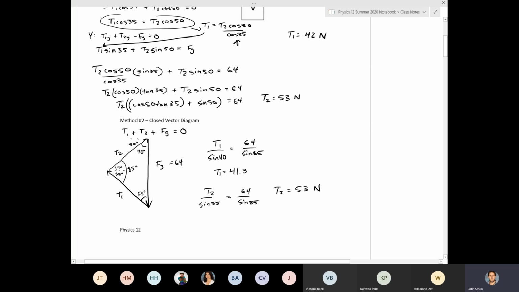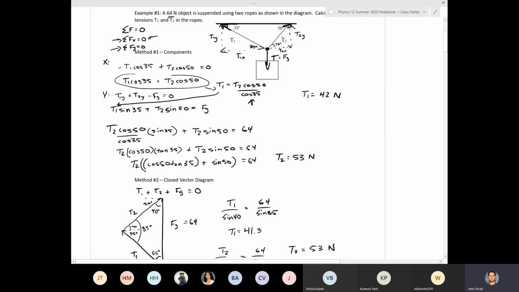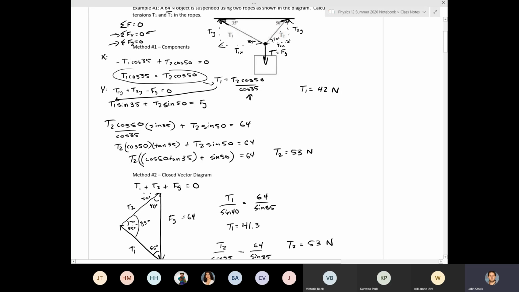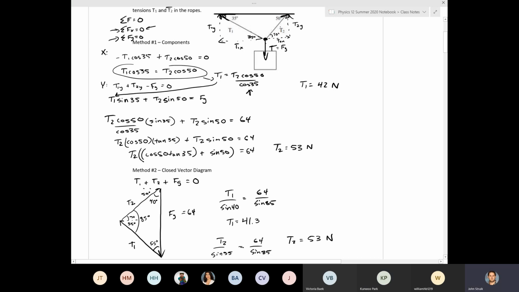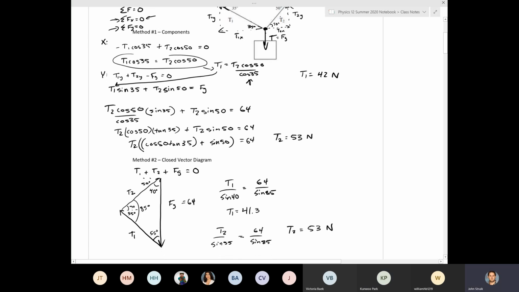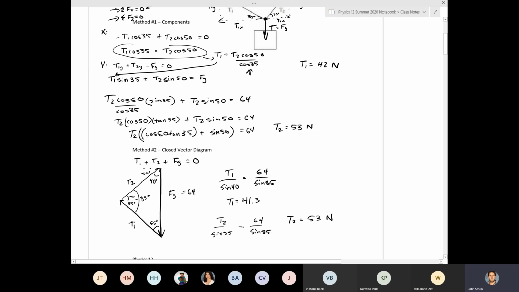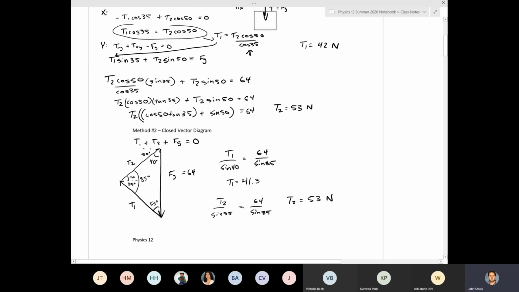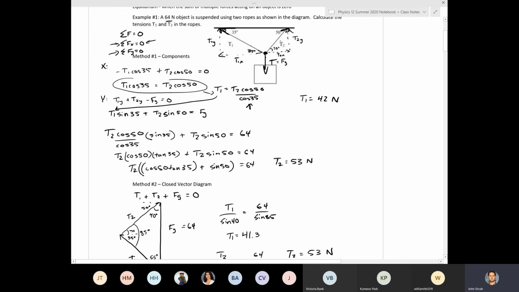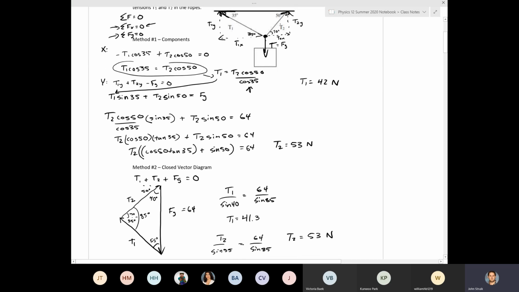Which way is easier? I'm pretty sure you're answering closed vector diagram, because it makes more sense. It's way less work, but we got the same answer. So again, I don't care how you do it.